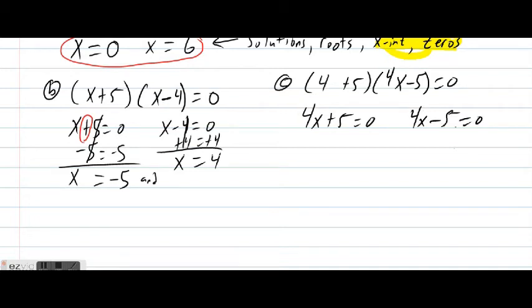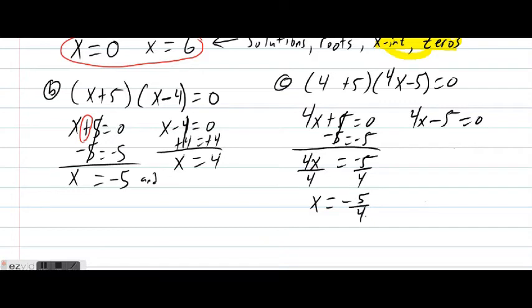So I'm just rewriting it in this zero product property. Now subtract 5. You've done this before. You should have no issues. Those cancel. Divide both sides by 4. x is equal to negative 5 over 4.